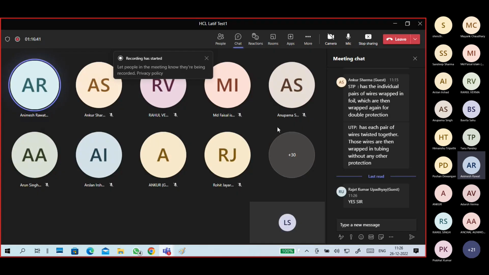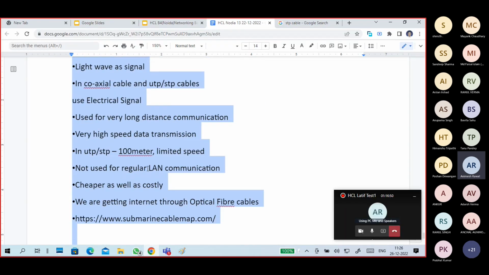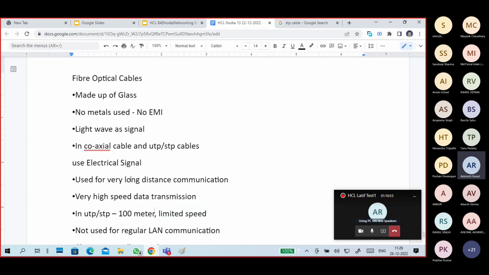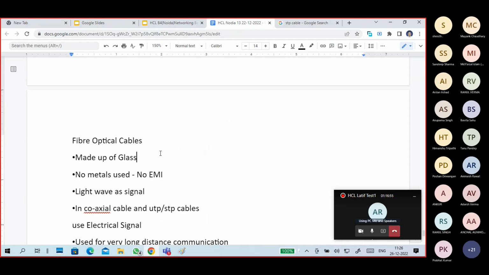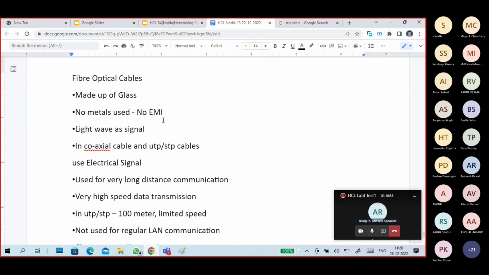Is there any example of where we use coaxial cable or twisted pair cable, STP and UTP? Yes. STP and UTP cables we use for our basic regular LAN communication. In certain places where you need protection for your signal, we use STP specifically.